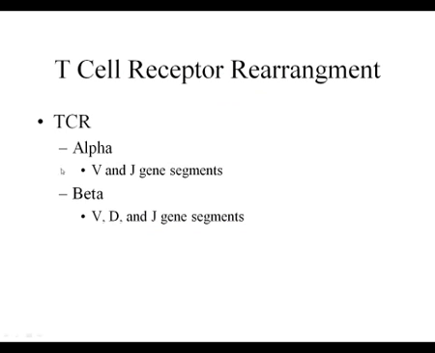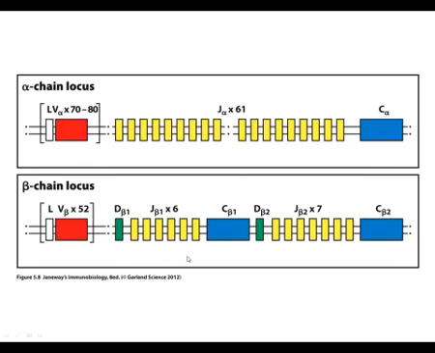So in alpha, you're going to have a whole bunch of V segments, a whole bunch of J segments, a random V and J. So you're going to have some combinatorial diversity. The beta chain has a D segment like heavy, so you're going to get VDJ rearrangement, and you're going to get a whole bunch of combinatorial diversity.